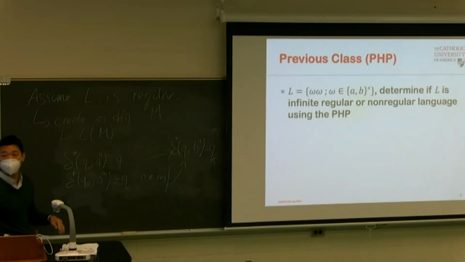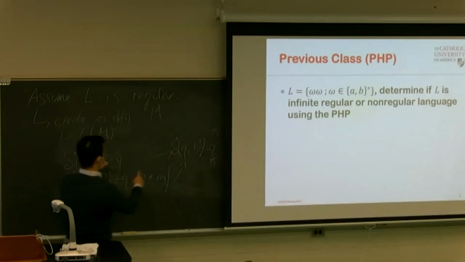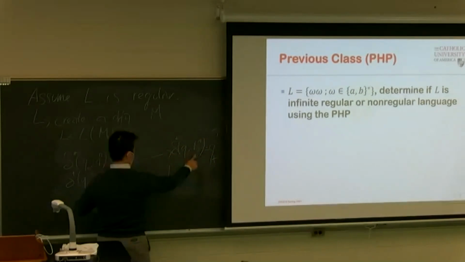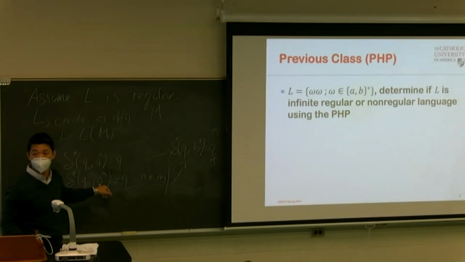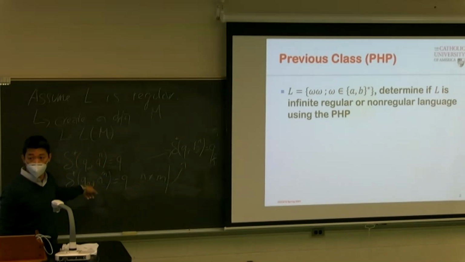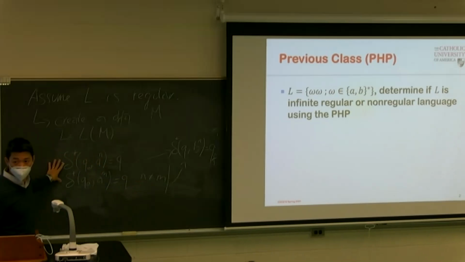Because the machine accepts this, the machine also accepts the string A to the M, B to the N. And because N and M are not the same, this is a contradiction. Therefore, this language we showed earlier is not regular.